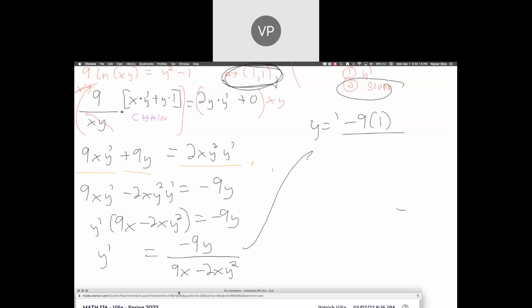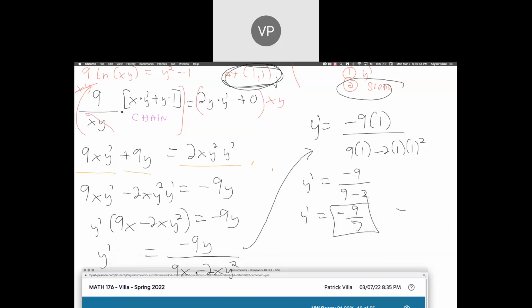So that goes right here. 9 times 1 minus 2 times 1 squared. y prime equals negative 9 over 9 minus 2. y prime equals negative 9 over 7. That appears to be our slope.